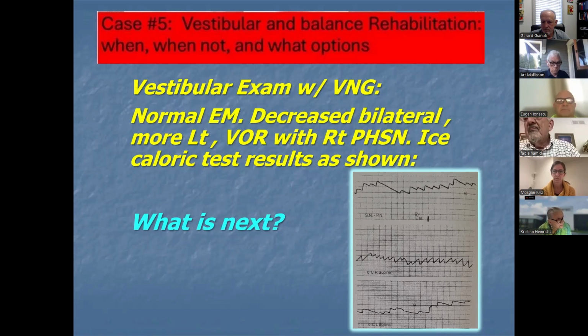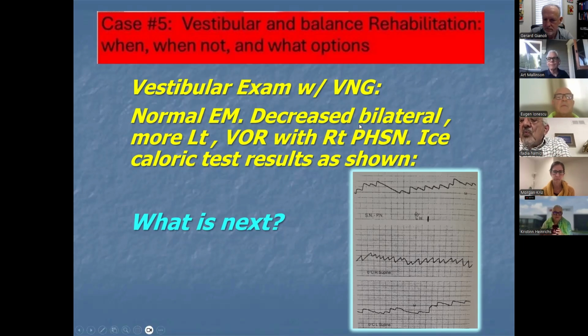So yes, we should think of a bilateral process, maybe ignored on the normal side, which is definitely not a real important complete vestibular areflexia. There is something which occurs on both sides, probably.